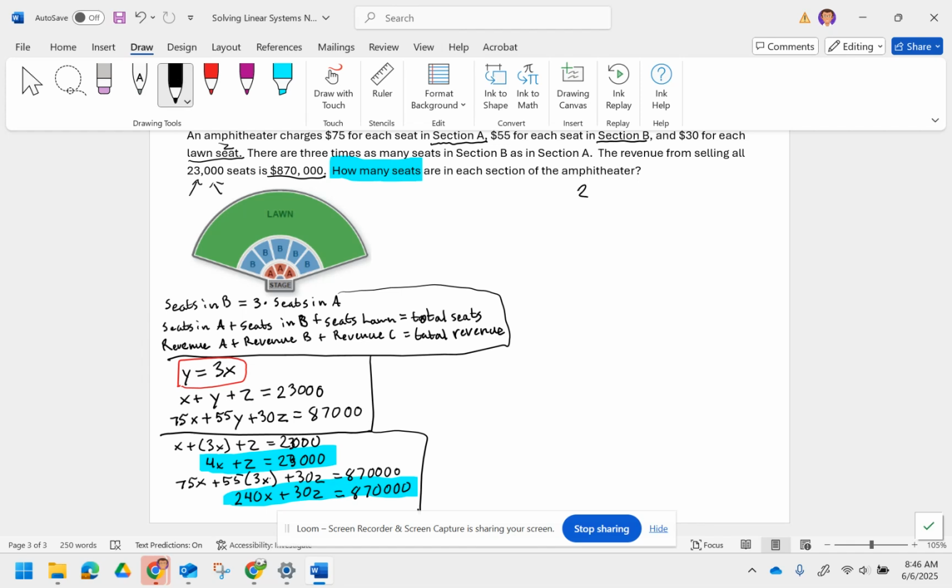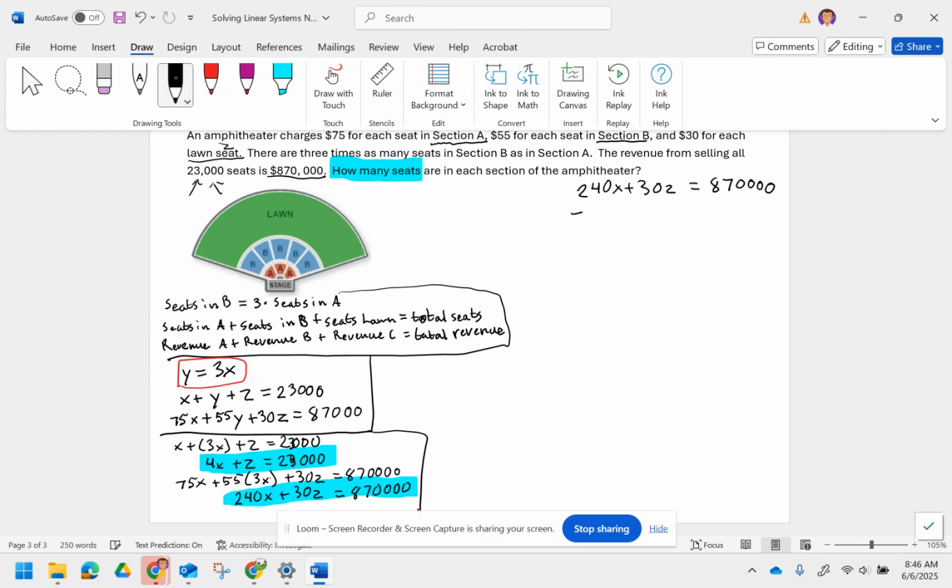Let's write that second equation: 240x plus 30z is equal to 870,000. Now, I want to eliminate one of the variables. Z has a coefficient of 1 in the first equation, so that's going to be easy. I'm going to multiply all of that first equation by negative 30.